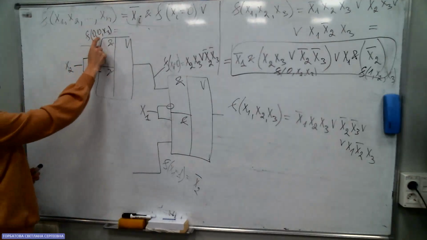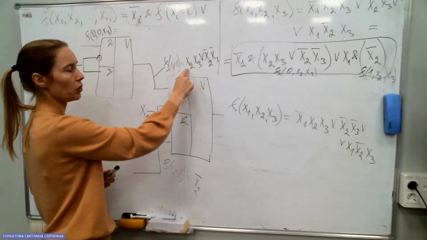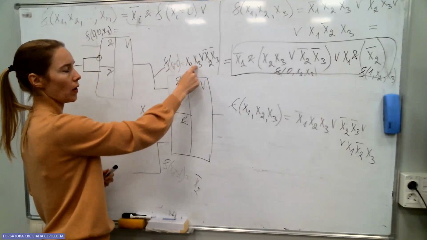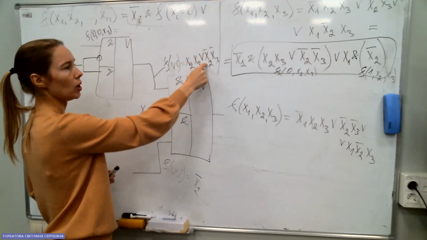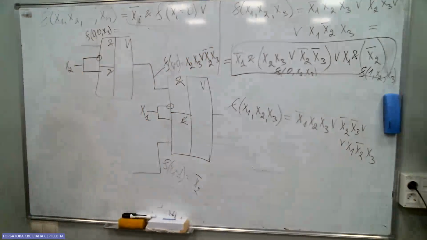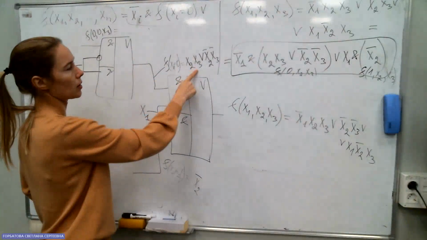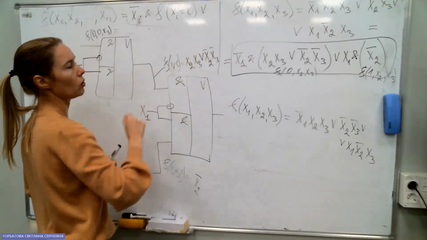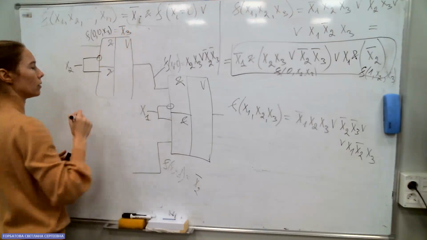Instead of x2, I need to use 0. It will be 0 conjunction x3, disjunction, not 0 conjunction not x3. So the result will be not x3. Here, 0 x3 disjunction 1, not x3, is not x3.